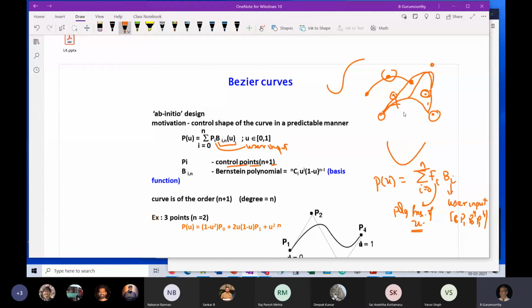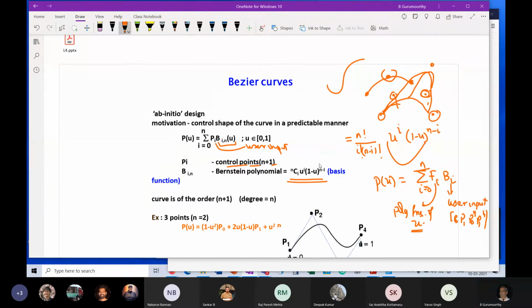Now, the form of that polynomial function of u takes this form, which is written here. nCi is a combination which expands to, for those of you who want this, n factorial by i factorial into n minus i factorial, right? And u to the power i, 1 minus u to the power n minus i. That's the expression.